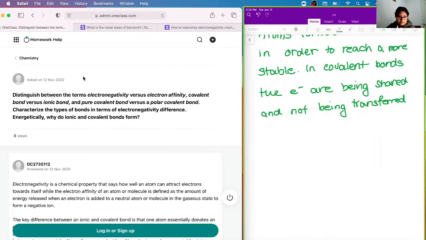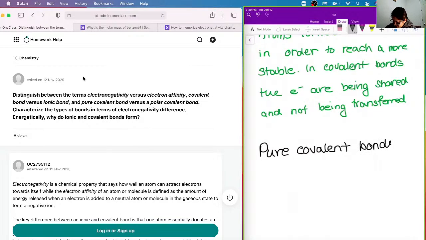And lastly, we have to address pure covalent bonds versus polar covalent bonds. So in pure covalent bonds, this is where your electrons are being shared equally.